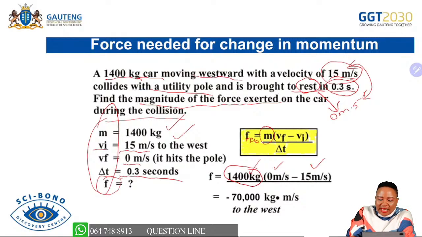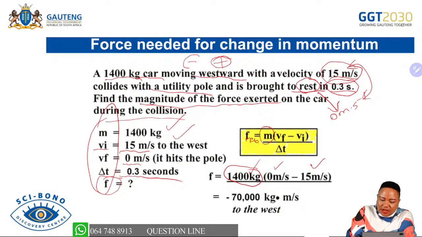Remember, we were told that the car was moving westwards. So if you choose west as positive, and our final answer does not come out positive, it means it is in the opposite direction. Let's say we choose west as negative.